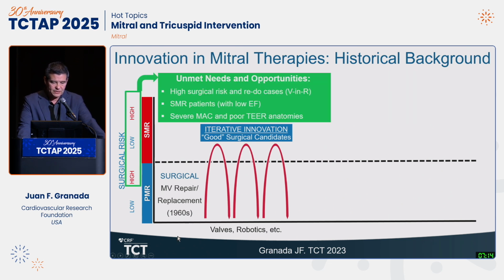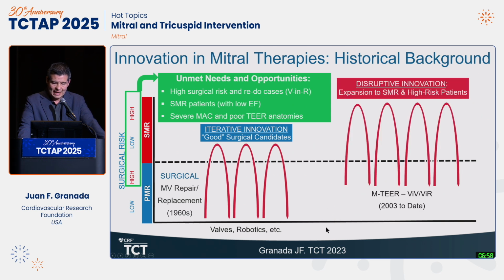As it happened in TAVR, significant unmet needs and opportunities were left behind, including high-risk surgical cases and SMR patients, and also patients with severe MAC and poor TEER anatomies.